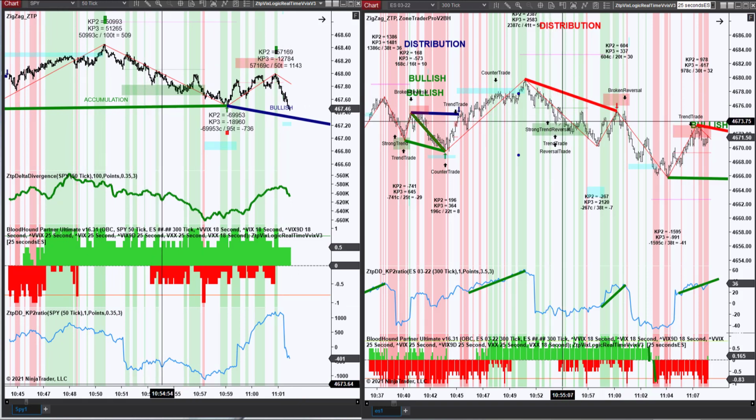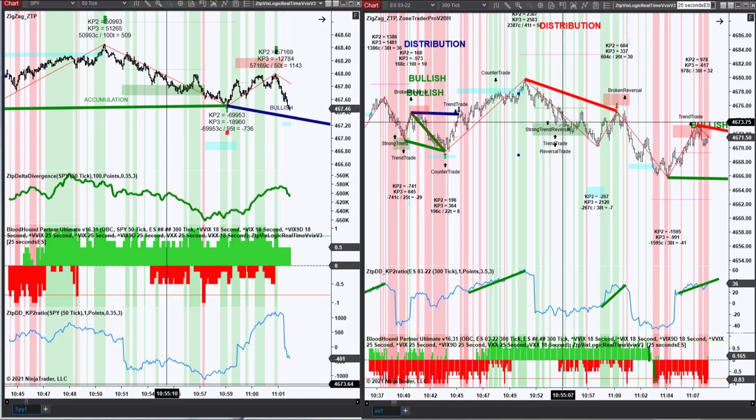So again, I was given a bloodhound signal with the VIX to trade long from here. However, I knew that the risk reward was not good at that point.